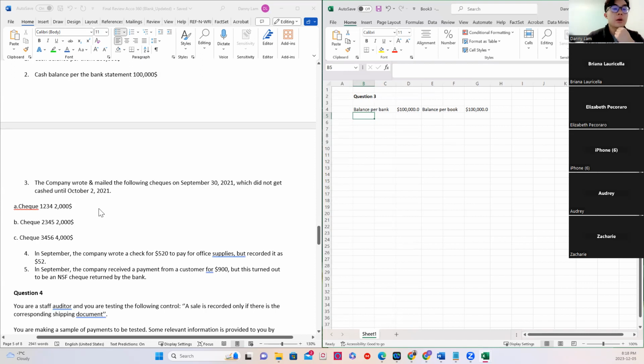So where would you guess with this? Maybe tell me which account is wrong and which account is right. You want to go ahead, Brianna? Would it be that the bank balance isn't right because the funds haven't been removed from the account?